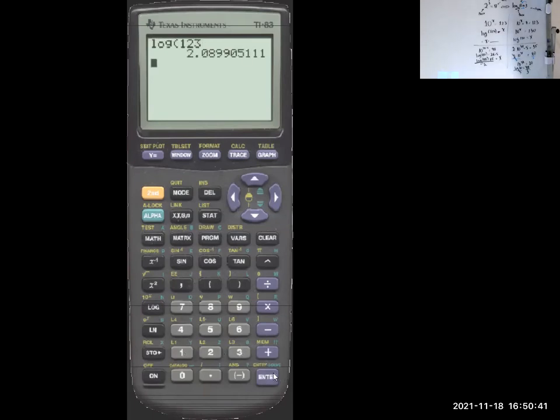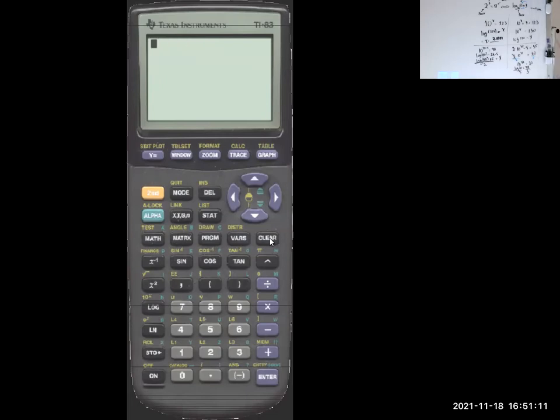The answer would be, of course, 2.0899 approximately. Is that correct? Well, it was the exponent of 10 that will give me 123 when I raise 10 to that number. So we can always verify 10 raised to the answer that we just got better be 123. Bingo.